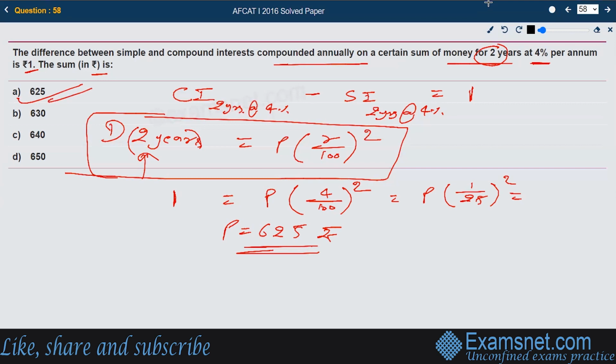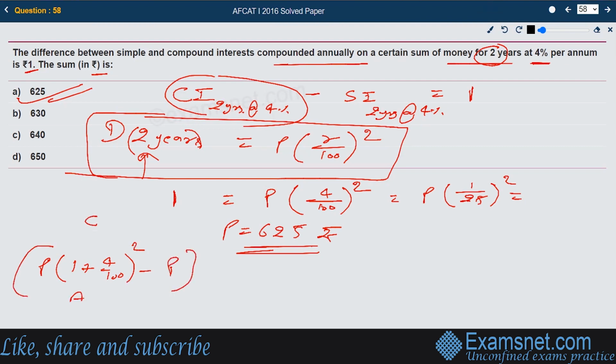Otherwise, if this formula is not to be used, then we can use the conventional method. Compound interest for 2 years at 4% per annum: the formula for compound interest is that you subtract the principal from the amount, so P into 1 plus 4 upon 100 power 2 would be the amount, minus the principal again. This much will be the CI, the first term.